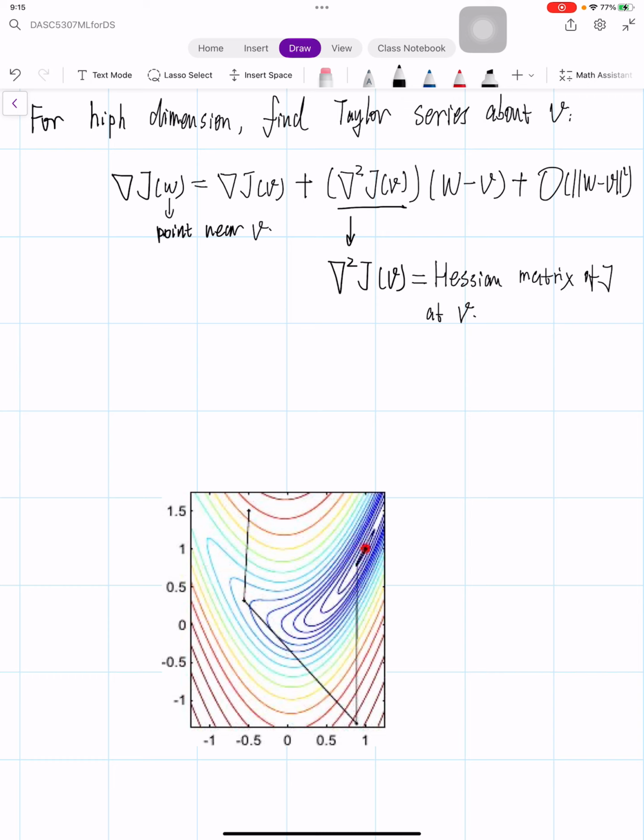Let me give you a second derivative example. Suppose your feature space has two features, so v will be (v1, v2).